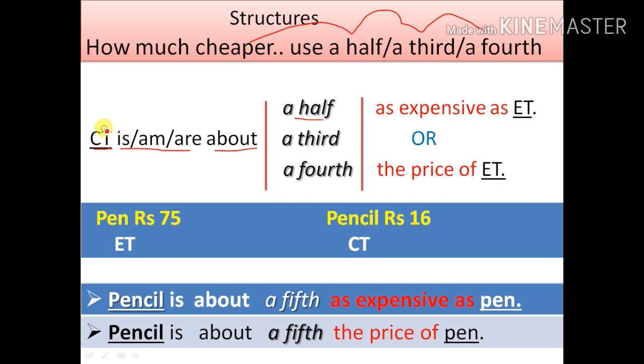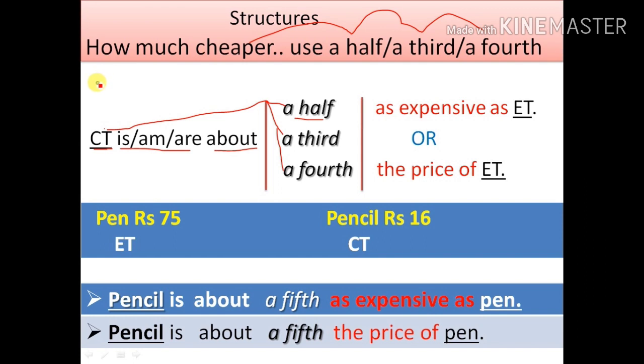So remember, if you are using the cheap thing, you have to use a half, a third, a fourth, a fifth, and so on. Don't use 2 times, 3 times, 4 times, or 5 times. Let me make you understand.